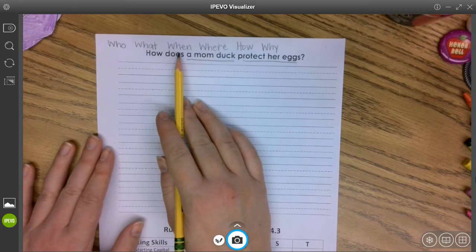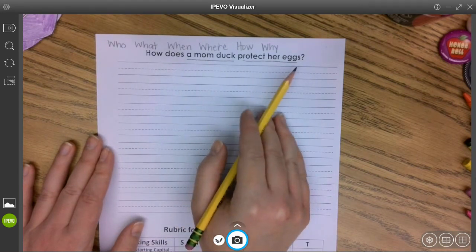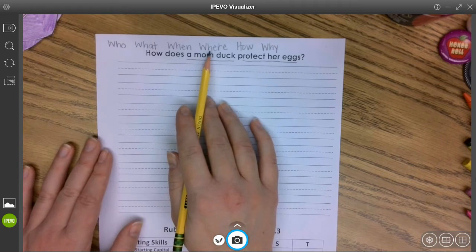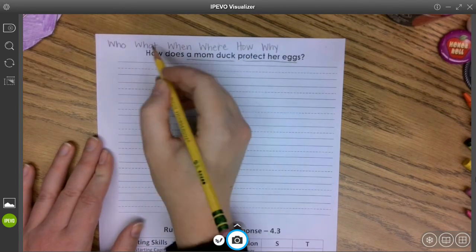When? Okay, nothing in our question asks or tells us when, and we don't need it to answer the question. Where? That's not in the question. Not necessarily needed to answer it either. How? There's our leading question word.